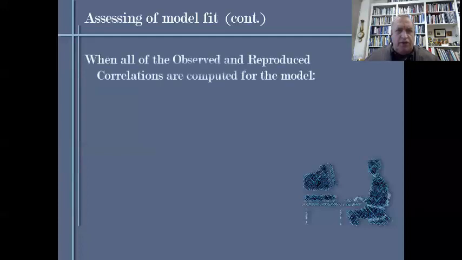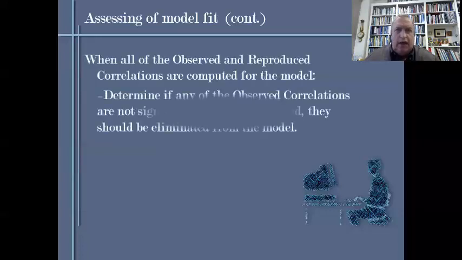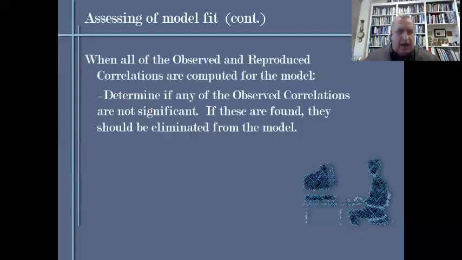When all of the observed and reproduced correlations are computed for the model, you determine if any of the observed correlations are not significant. And you determine the observed correlations by doing a regression between each of the variables in your model.